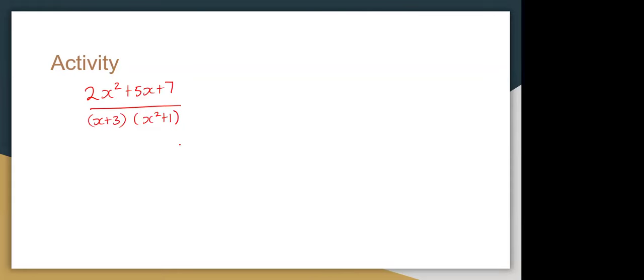When you look at our denominator, you notice we have a linear factor, but one of them is quadratic. The moment you notice a power 2, that is enough to give you a hint on what to do. So we shall say this is equivalent to a out of x plus 3, plus bx plus c out of x squared plus 1.